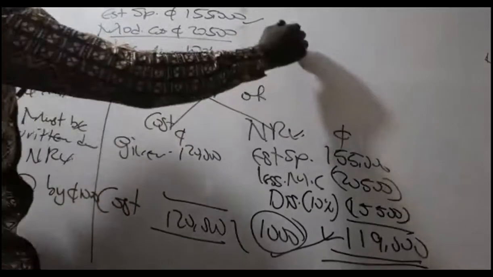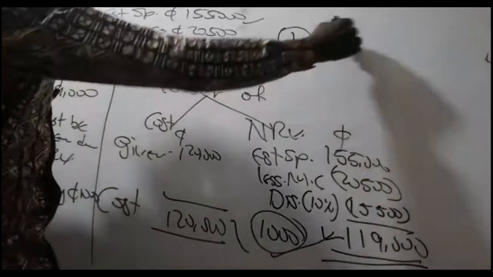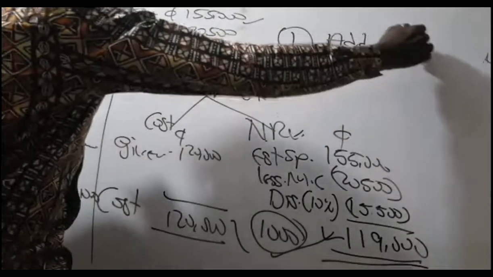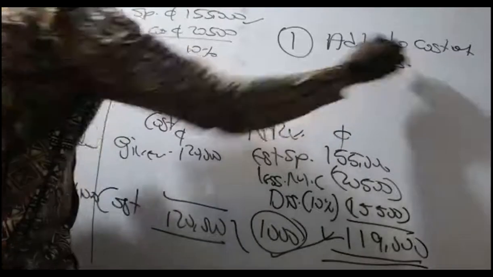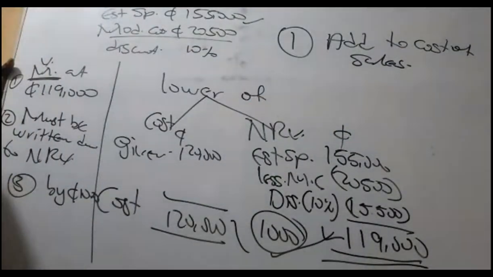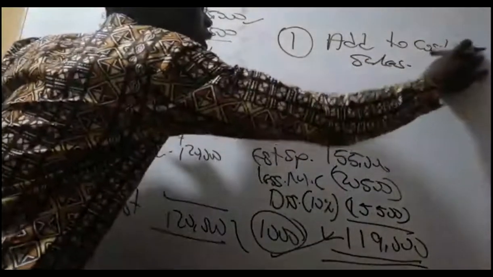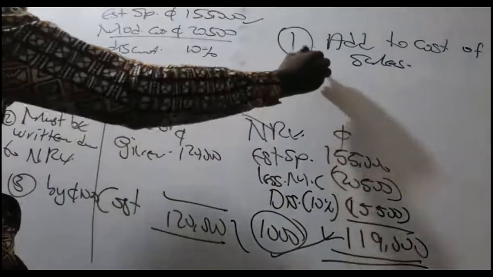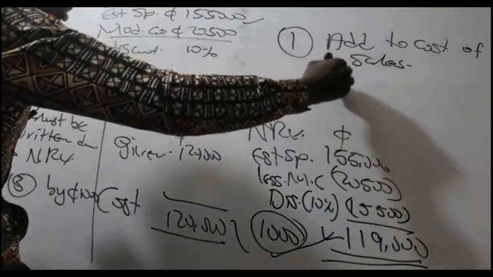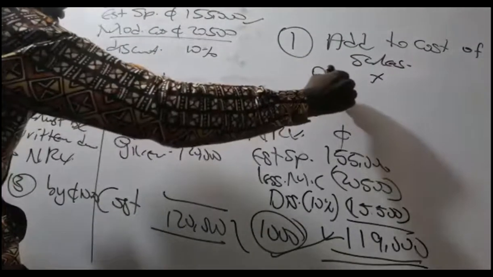So what's the accounting treatment? First, add it to cost of sales. Now, if you are going to calculate your cost of sales, it will be opening inventory so much, purchases so much.